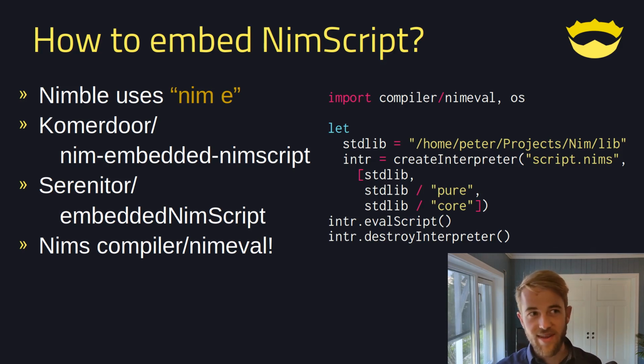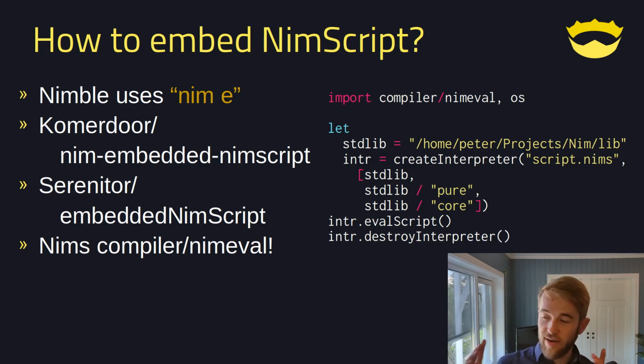And this was created after these two projects, possibly inspired by them. It turns out that the Nim compiler package now has support for this, called nimeval. And it allows us to do the stuff that we see here.